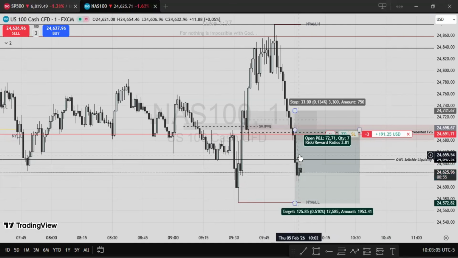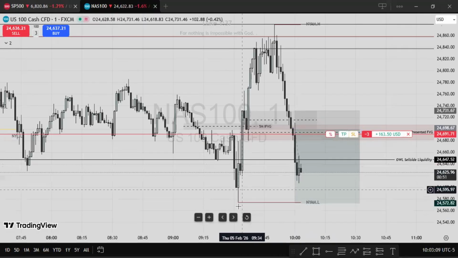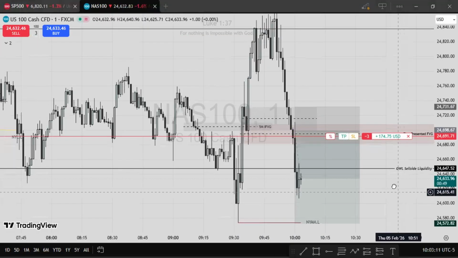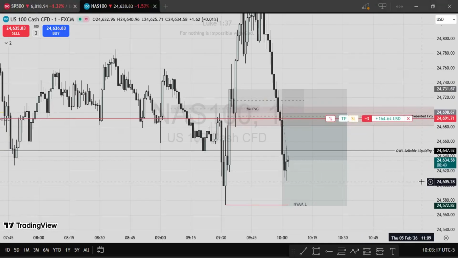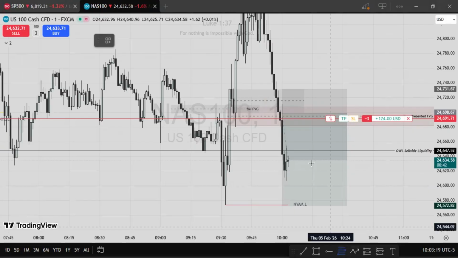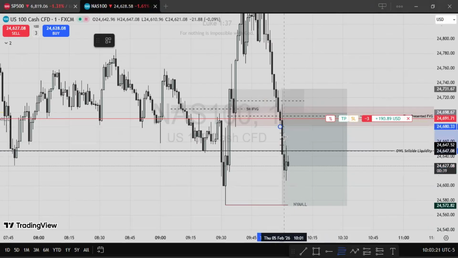Like how we traded into that and then rejected. So I'm gonna see if we can run to these lows here, and I wanna see us stay in the lower half of this.